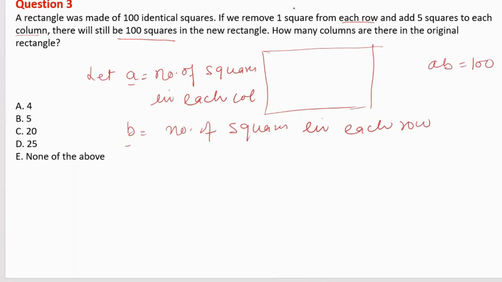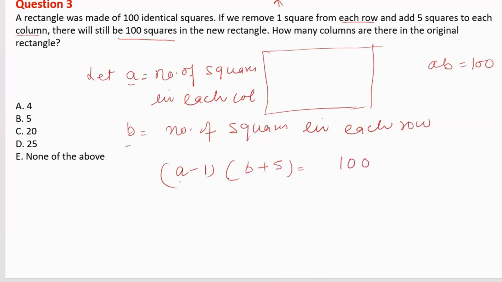But now what is my second condition? If we remove one square from each row, it means it will be A minus 1, and if I add 5 squares to each column, B plus 5. Then the product will be 100 as well.